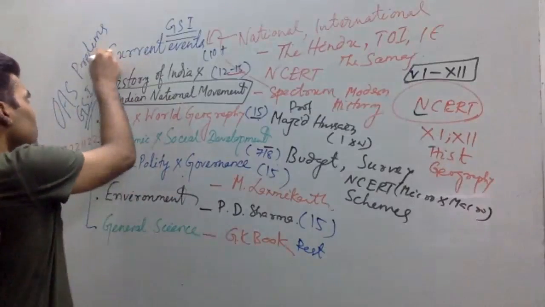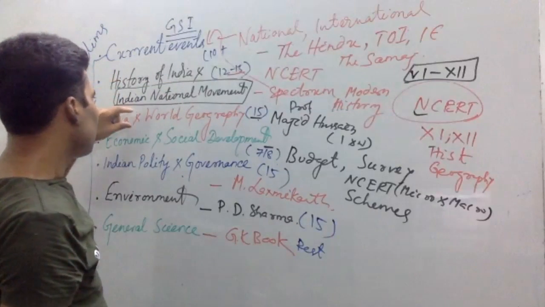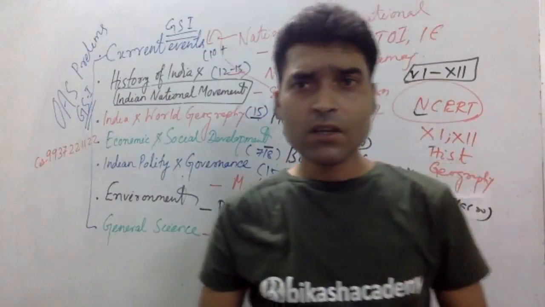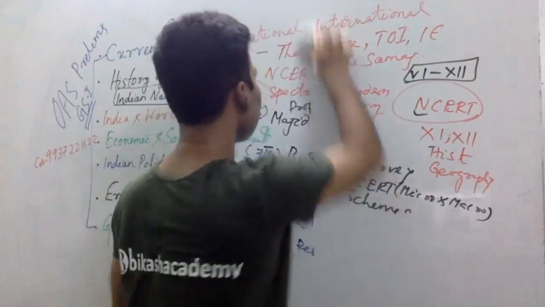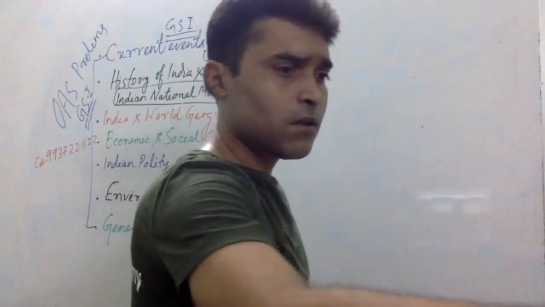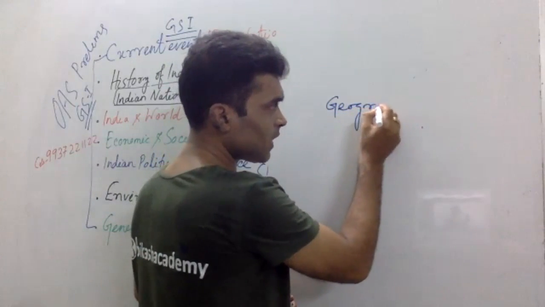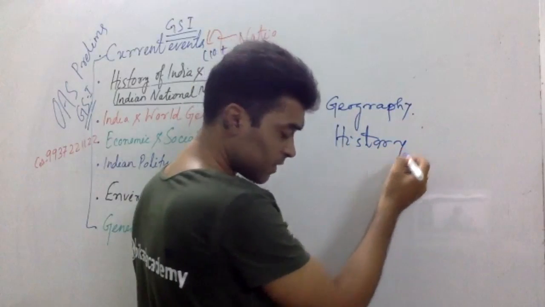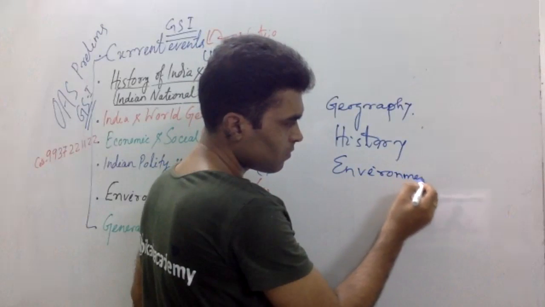So, for general science and current affairs, you can study separately. But for the static portion like history, geography, environment and polity, please remember, you should focus more on the static part: geography, history, especially modern, then environment and polity.